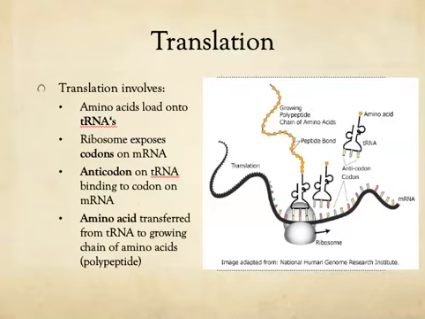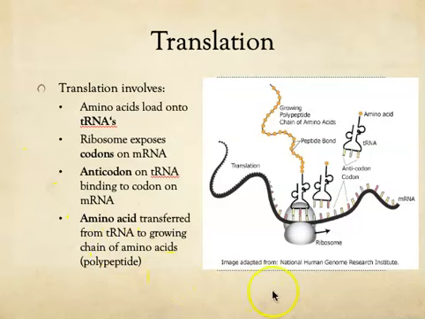Only the tRNA with the correct anticodon will be able to come in and interact with the codon. When that interaction occurs, the amino acid that is on the tRNA will be removed and added onto the growing strand of amino acids.